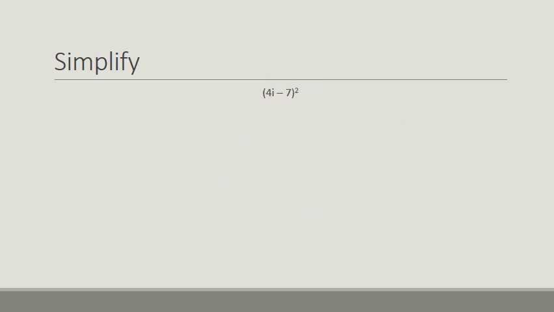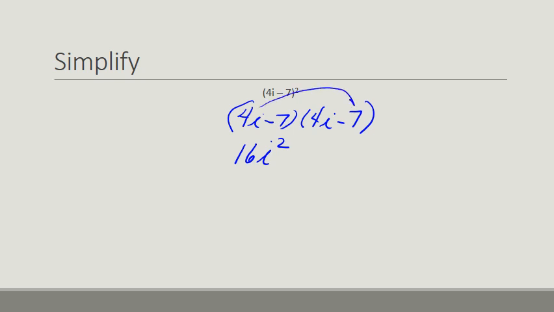Be careful when we square that: 4i minus 7, that whole quantity squared, is 4i minus 7 times 4i minus 7. So 4i times 4i is 16i squared. 4i times -7 is -28i. Again, -7 times 4i is -28i. -7 times -7 is +49.